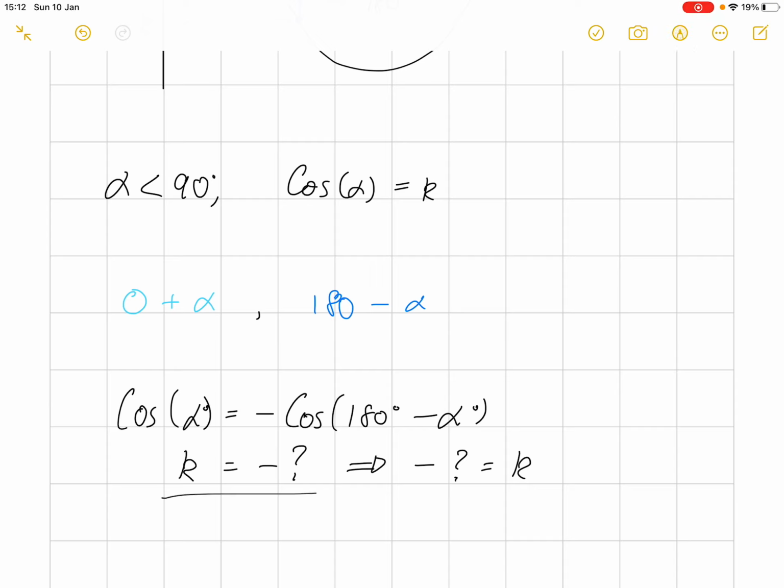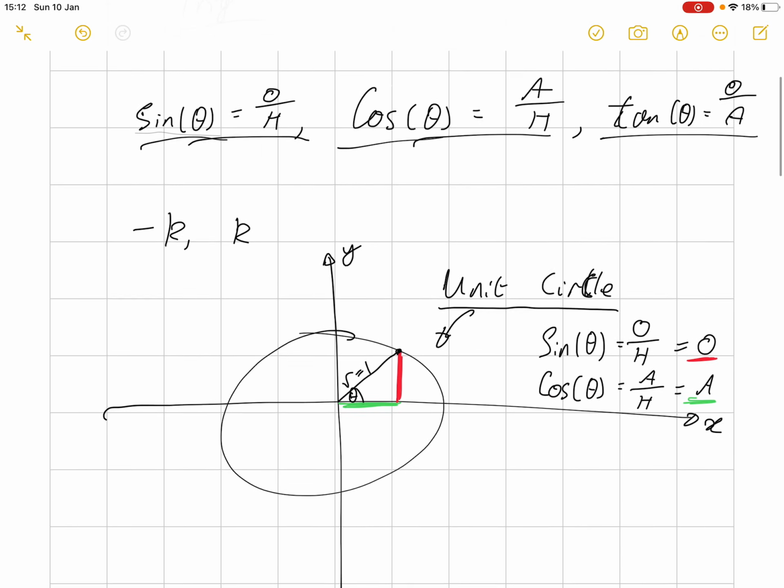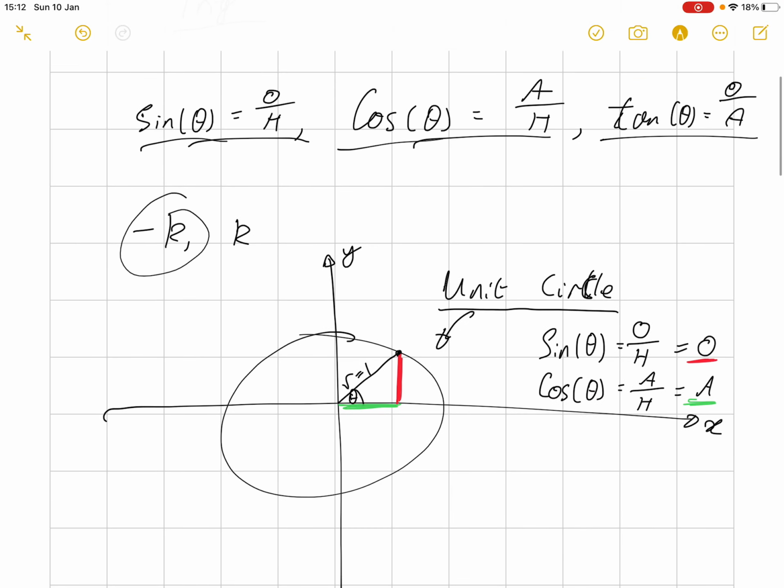I've just rewritten this. Divide both sides by -1, and we get that this something is equal to -1. Sorry, minus k. Hence, pardon me, hence minus k.